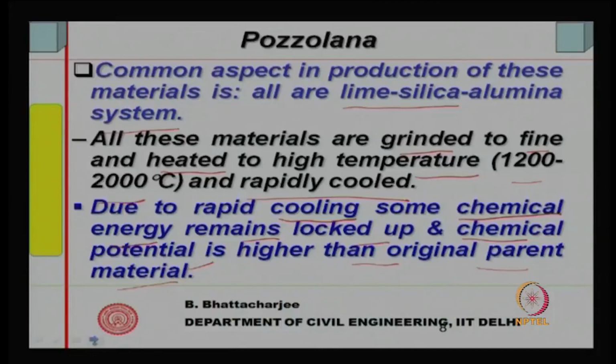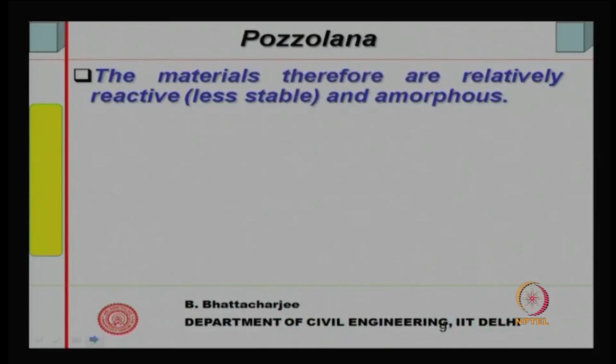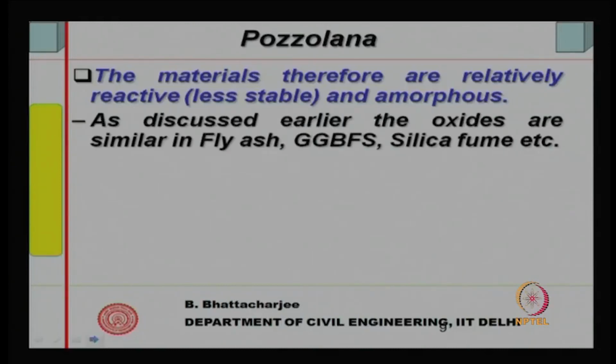They are generally not crystalline, they are largely amorphous, and they can react in a conducive condition, right. Sometimes the clay impurity may contain a little bit of lime also in case of fly ash. That is why they all belong to the lime silica alumina system. Therefore, as I said, they are relatively unstable because they are heated and then cooled rapidly.